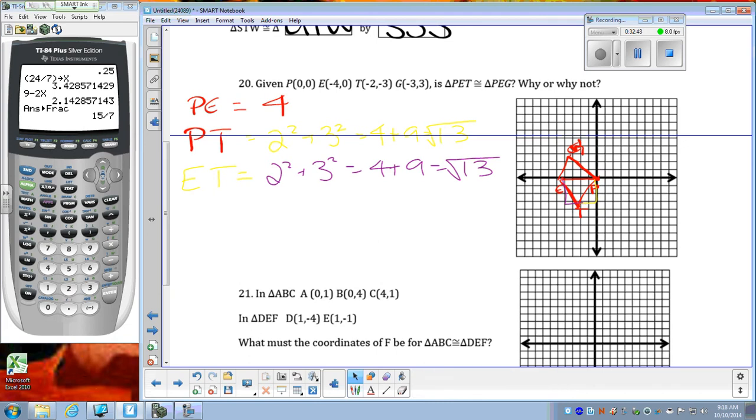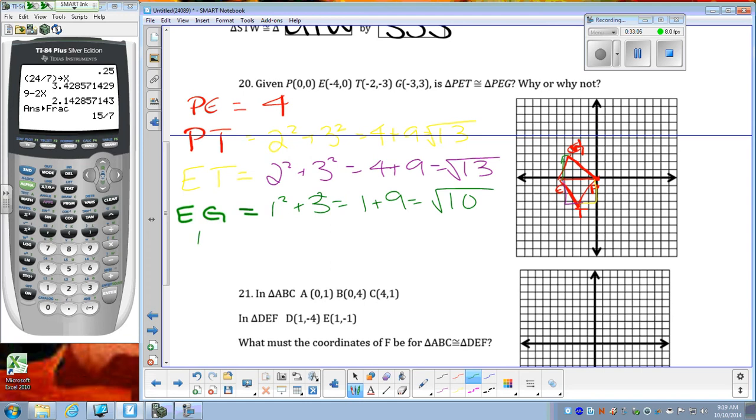And then I need EG. Well, for EG, I went up 3 and over 1. 1 squared plus 3 squared, 1 plus 9, which is 10. And then I need PG. PG, I went up 3 and over 3. All right, so then I look at my pieces.